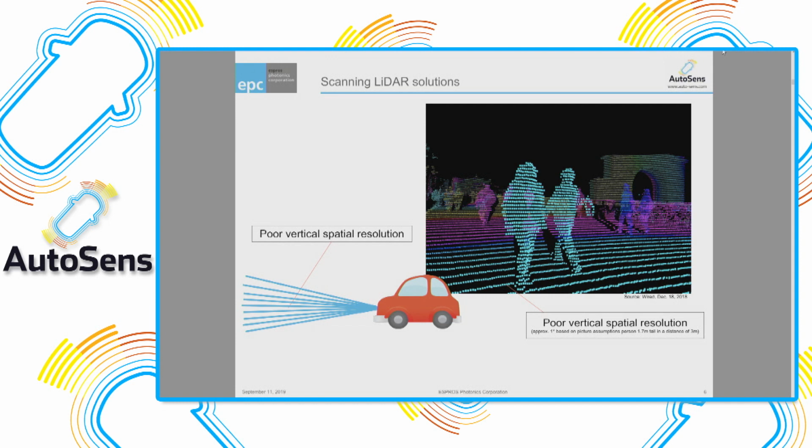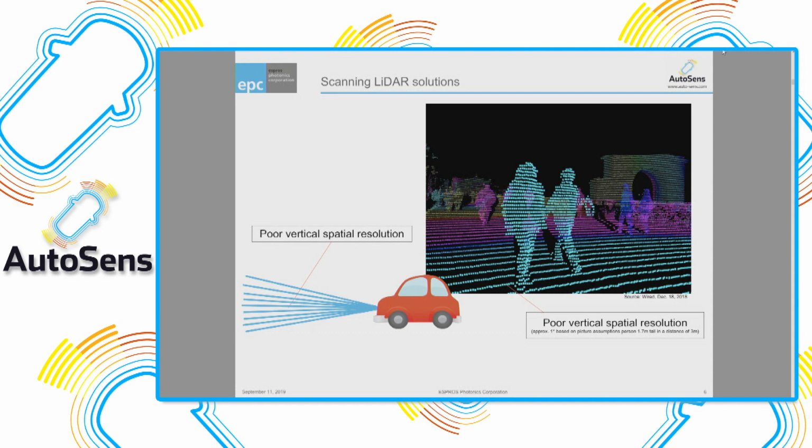As I said, scanning LiDAR systems suffer from a poor resolution. Typically 8 or 16 or maybe 64 horizontal lines. Some of them 128, but then it becomes quite expensive.